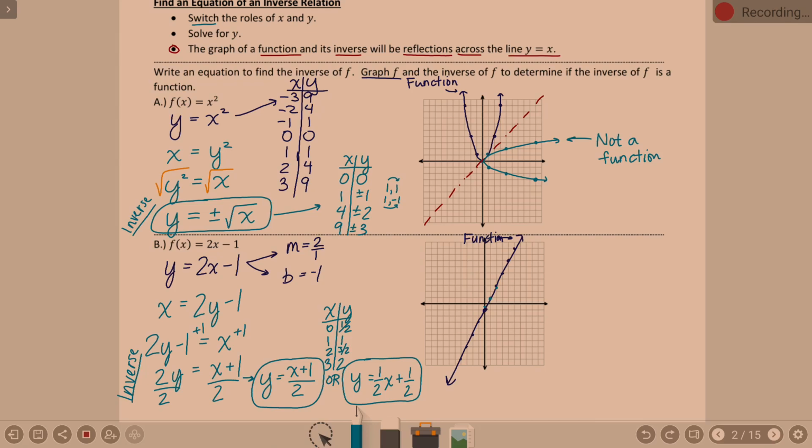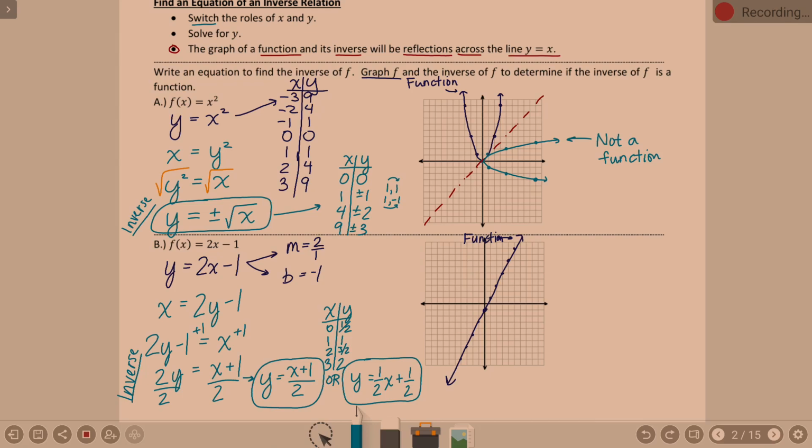Although I feel like did I graph that last dot wrong? I did. Try this again. 2, 3 halves. So over 2 up 1.5. There we go. Something's not right here. You guys didn't tell me I went down 1/2 instead of up 1/2. Can you even see that I did that though from where you're at? No.